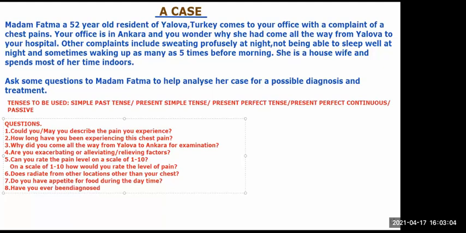Have you ever been diagnosed with any chronic diseases? That's so correct. Any chronic disease? Have you ever been diagnosed with any chronic disease? Perfect one there. So take note of the being here is a passive because it must be in a passive for this particular question, right? Have you ever been diagnosed with any chronic disease? Perfect. Thank you so much.